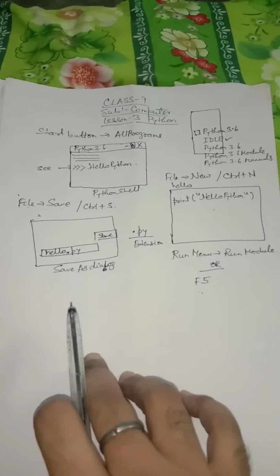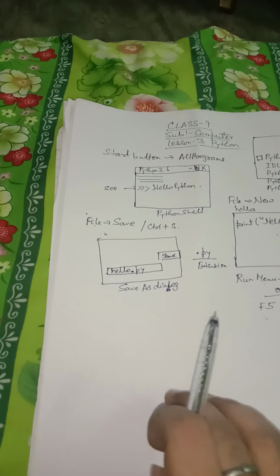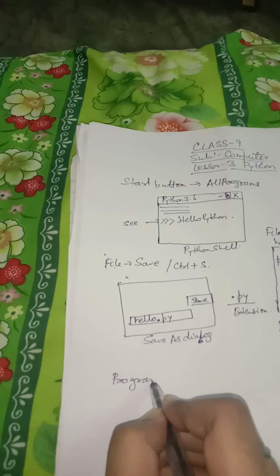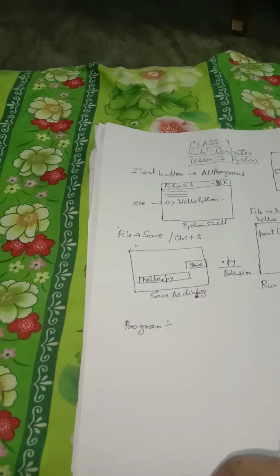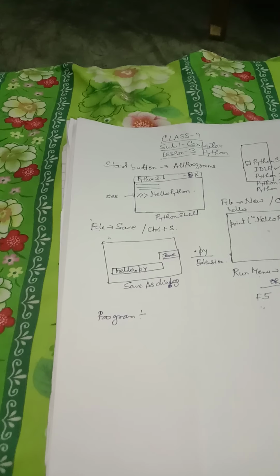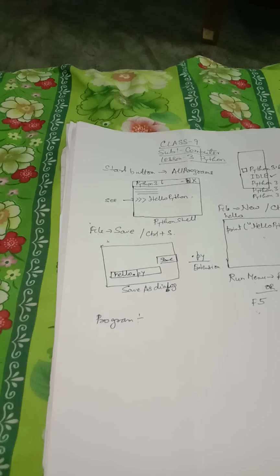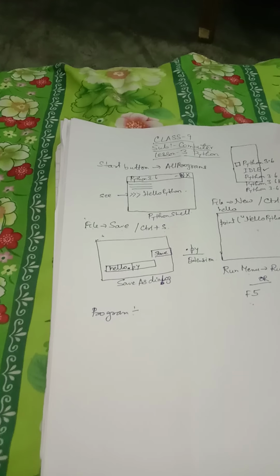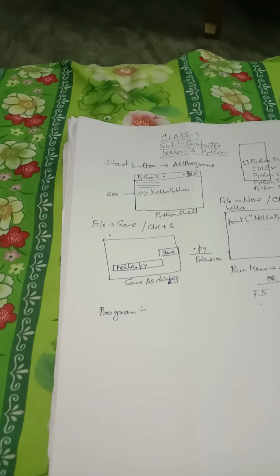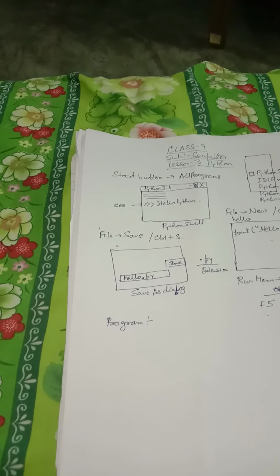Now before moving further, I would like to discuss some important terms, like program. So what is a program? A program is a set of statements written in sequential order to solve a specific problem. Sequential means one after another. It is a step-by-step solution.